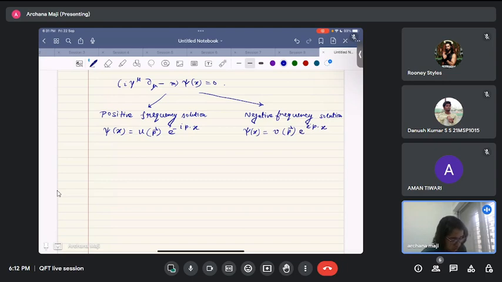For both these, p0 is the positive square root of p squared plus m squared, which is greater than 0.